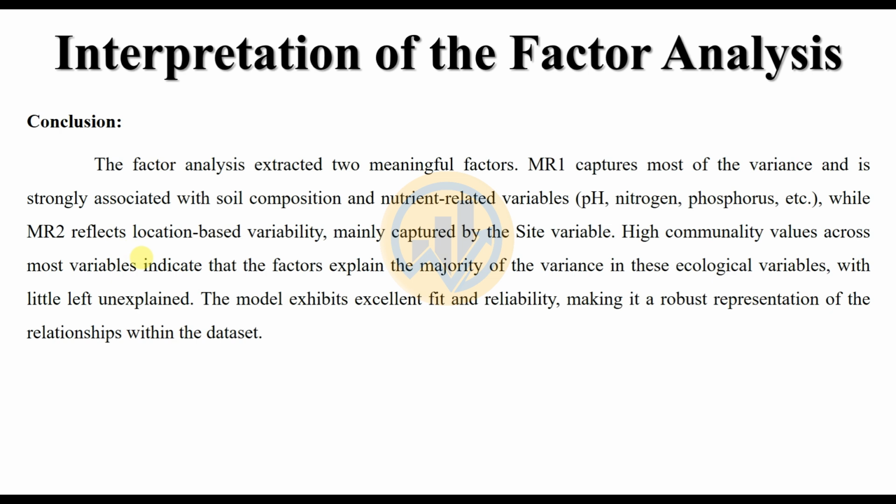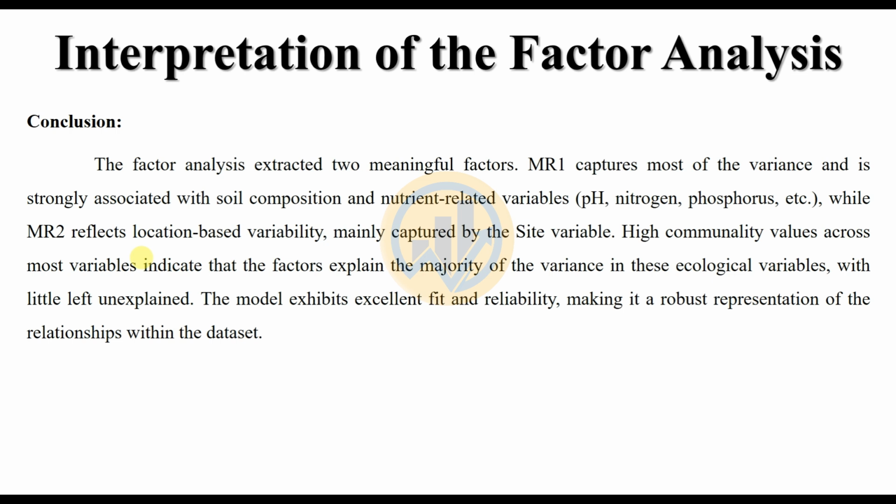The factor analysis extracted two meaningful factors. MR1 captures most of the variation and is strongly associated with soil composition and nutrient-related variables such as pH, nitrogen, and phosphorus. MR2 reflects location-based variability, mainly captured by the site variable.